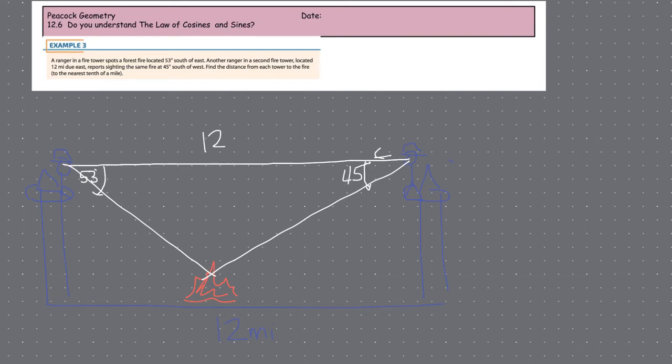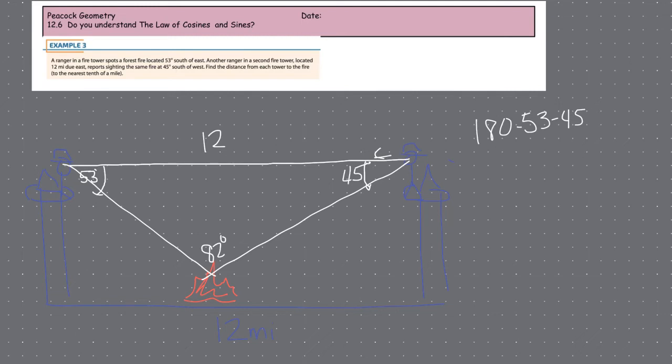Since I know two angles within my triangle, I can say 180 minus 53 minus 45, which is 82. So this angle right down here is 82 degrees. That's the angle at which their sight lines meet at the fire.